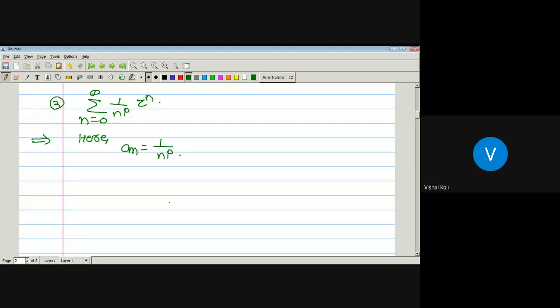Yes, what is its radius of convergence? Zero.